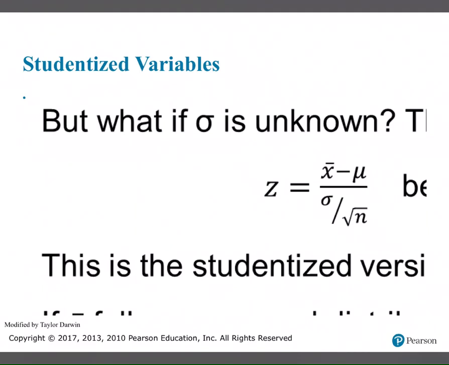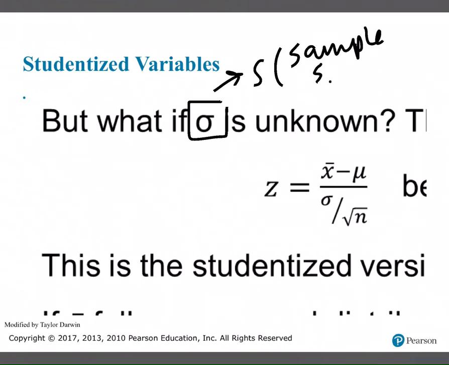So we can use that, but still, what if our sigma is unknown? And again, I think this is the last weird slide that's formatted weird. If sigma is unknown, then we have to estimate sigma with S. Remember that S is the sample standard deviation.